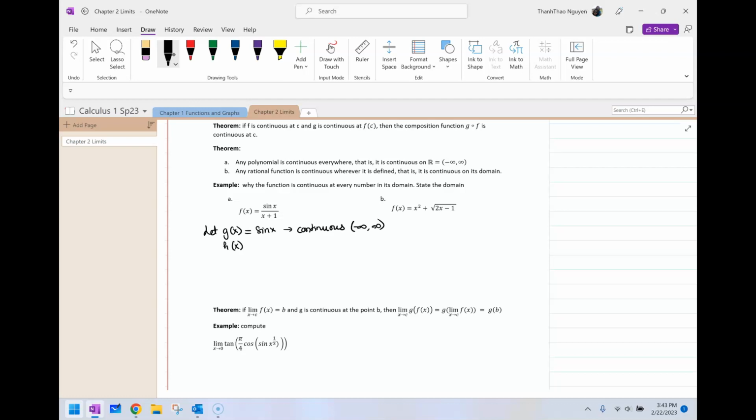Let h of x equal x plus 1. This is also continuous. However, sine of x divided by x plus 1 is defined when x is not negative 1. So this function is continuous on its domain.